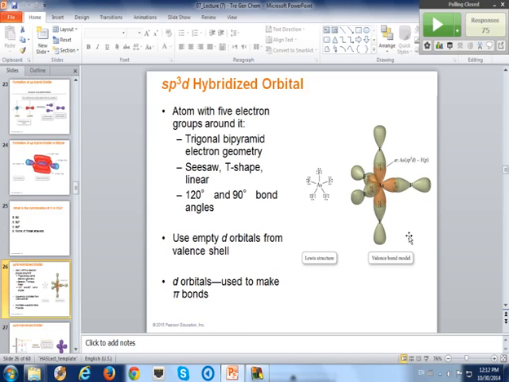So although there are d orbitals in these atoms having valence shells of the second series, those d orbitals are very high in energy relative to the second shell. And because of the large energy disparity, you might wonder, well, why can't I mix 2s, 2p with 3d?